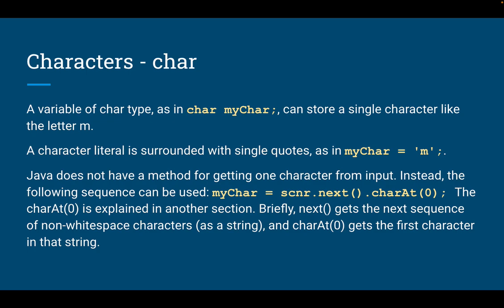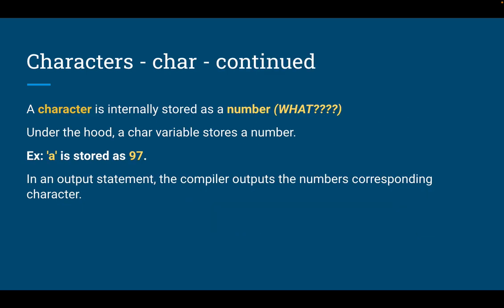All right, any questions? I know some of you, I kind of blew your mind with that. You're like, that's going to be confusing. Yeah. All right. So a character is internally stored as a number. What? Yeah.